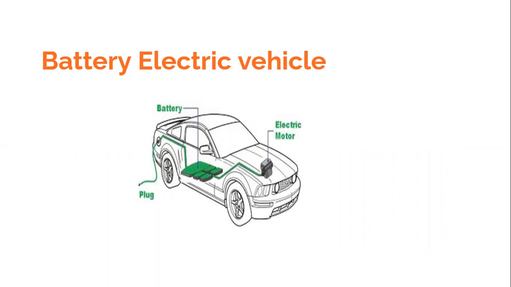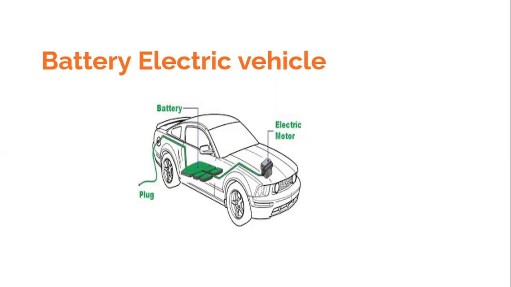The battery electric vehicle means the vehicles which are 100% electric vehicles, not a hybrid vehicle. It relies solely on the energy stored in the battery packs. So obviously the range of such vehicles, the distance which the vehicles would travel, would depend upon the battery capacity.